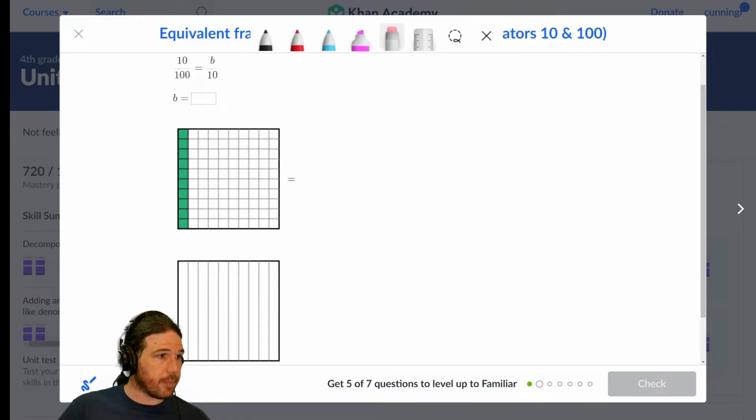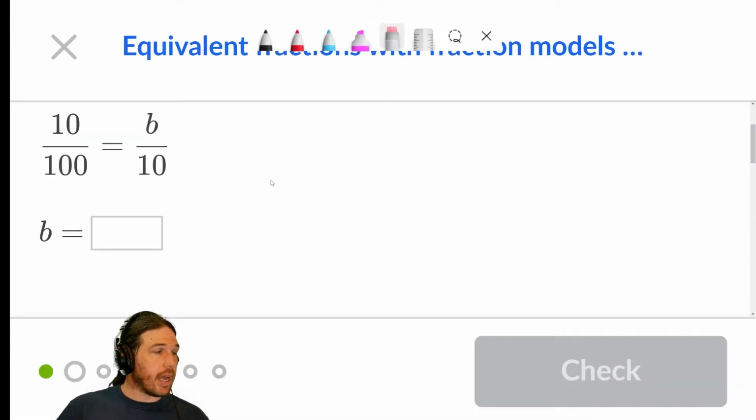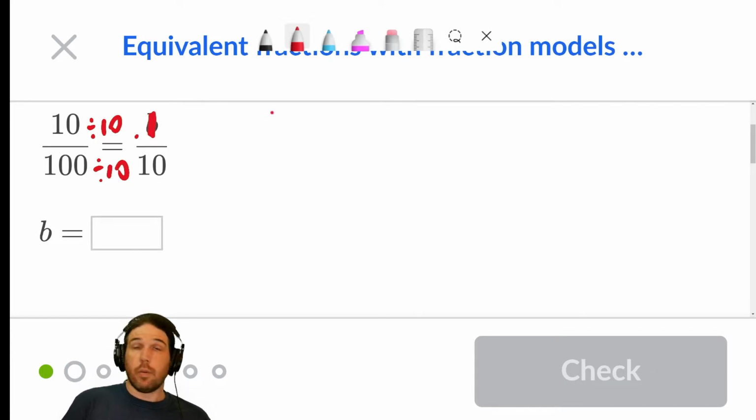Essentially, what I'm doing is reducing the fraction by dividing the top and the bottom by 10. 100 divided by 10 is 10. 10 divided by 10 is 1.